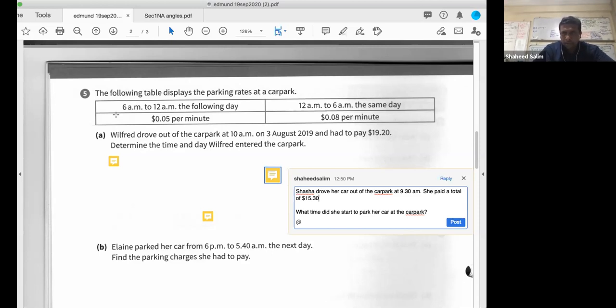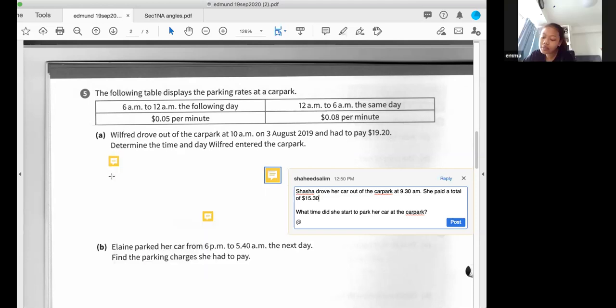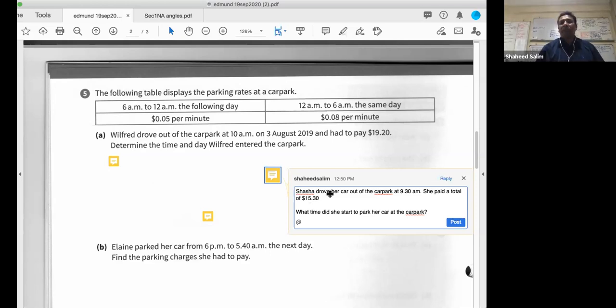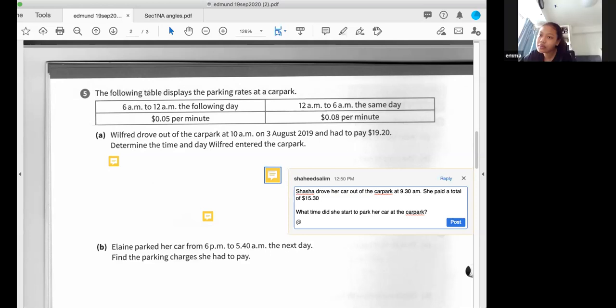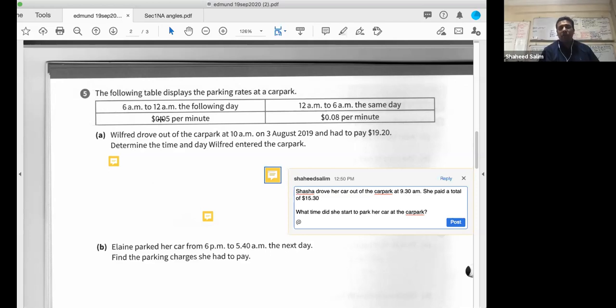Balance? 480. Good. 480 is spent on here. Can you find the hour? 1 hour. So go 1 hour behind before 6 a.m. The answer is 5 a.m. Very good.